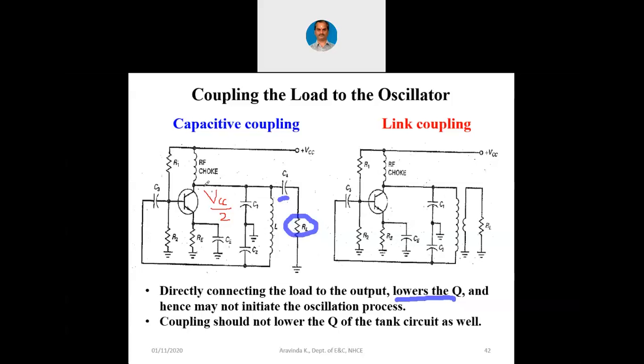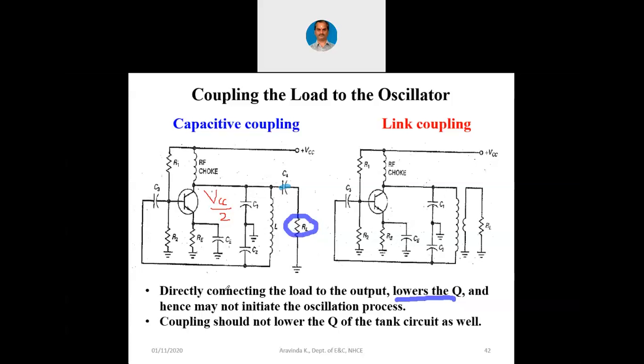Now if we connect this RL in parallel with the L, let us say this C4 is shorted. Imagine this way. There is no capacitance at the output. Now the load resistance is in parallel with the output, and there is an inductance also there. Because of these parallel combinations, you can see that along with the C1, RL is connected in parallel, right?